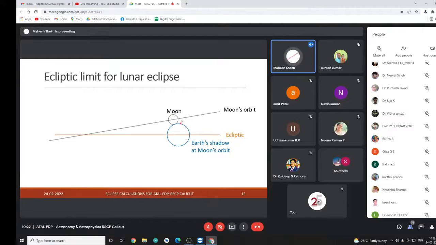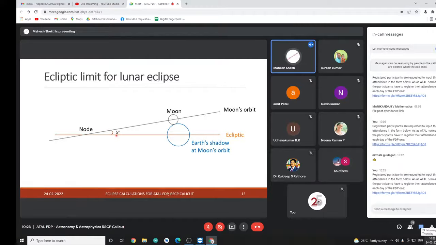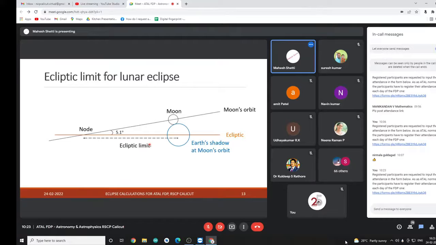This is again the moon's orbit, and the moon is going to be on the moon's orbit, and we know the angular size of the moon. This size we have calculated as alpha already. This is the moon size. This is going to be the node over here. Again, we are going to make a 5.1 degree angle. We want to find out the ecliptic limit, but in this case we are not taking the sun, we are taking the earth's shadow.